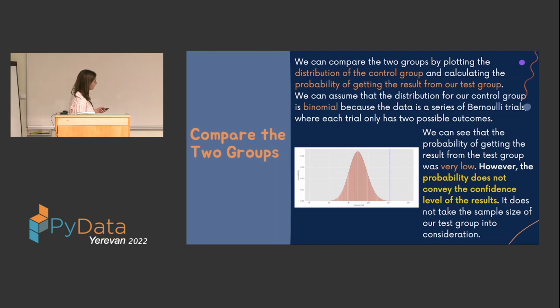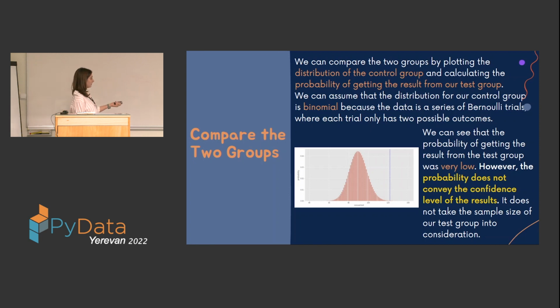This line here is the probability that the users from B could have come from the distribution of A. As you can see, the line isn't there, so we don't have good confidence to say that it can be from distribution A.